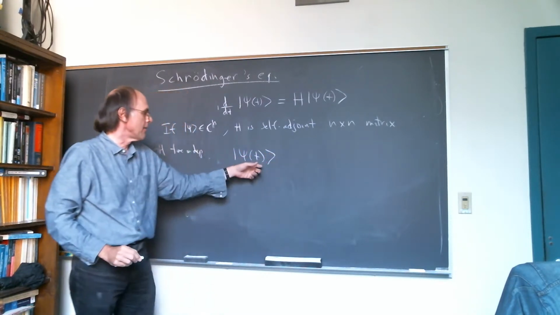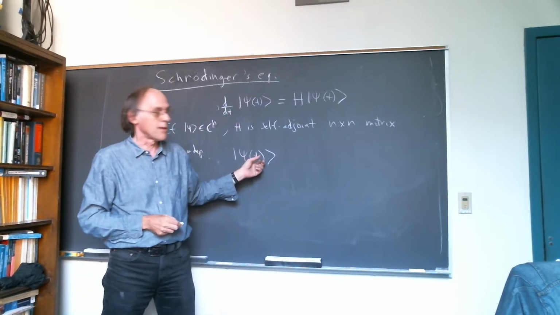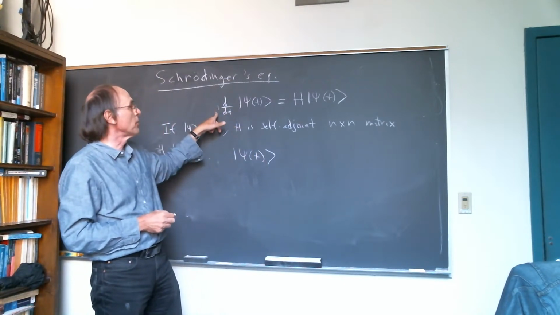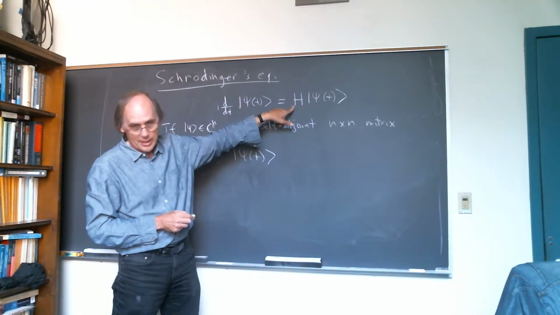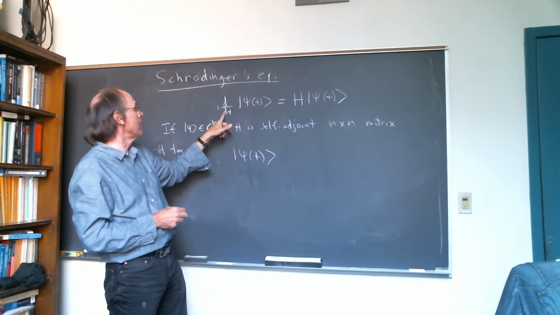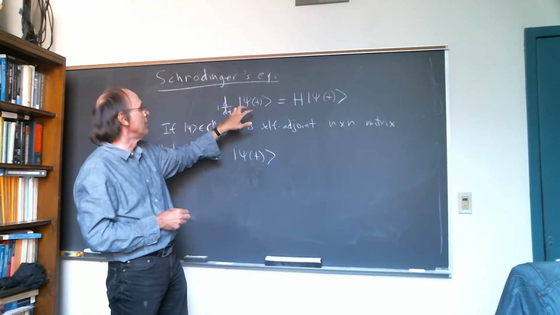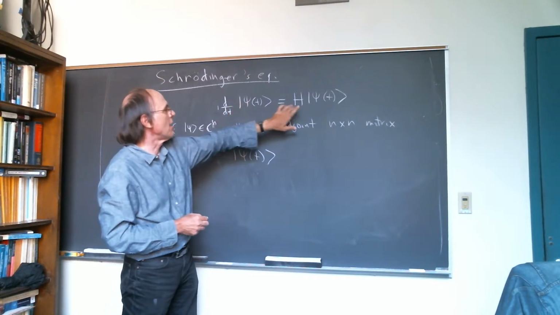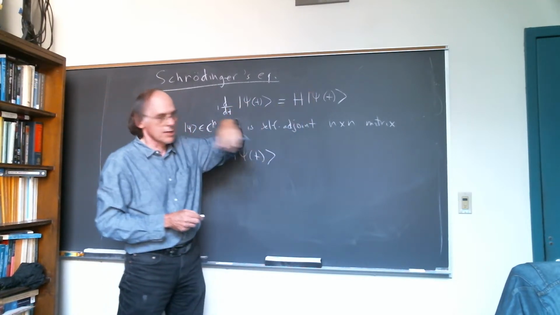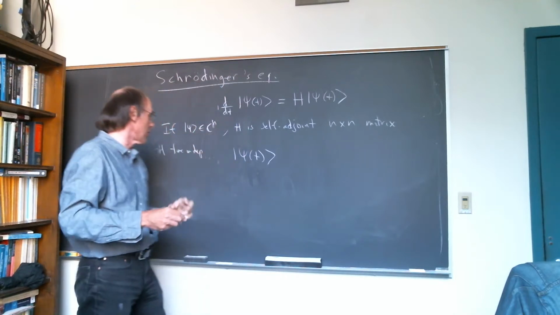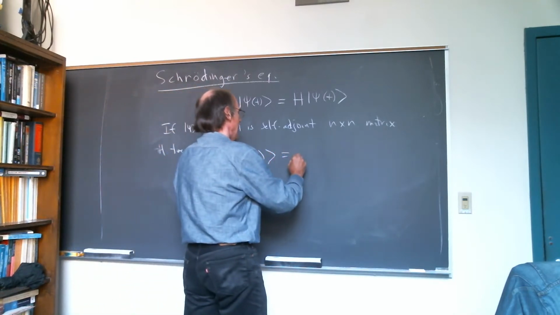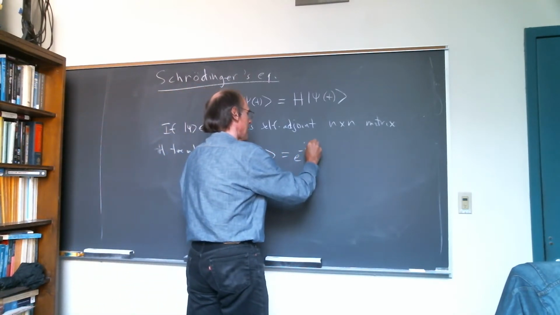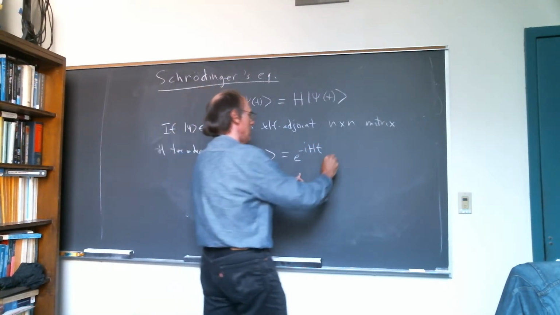the state, the vector at a time t, is just given by... If you put the i over here, it gets a minus sign, and then the derivative of a function of time is a constant times the function of time. The answer to that is always the exponential. So this is going to be e to the minus i H t times psi of 0.